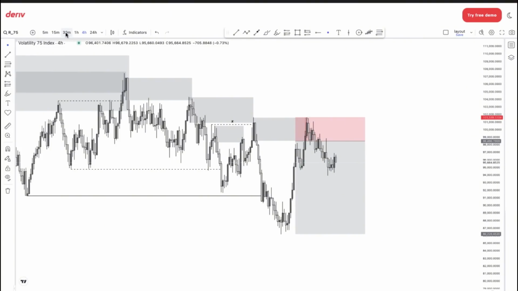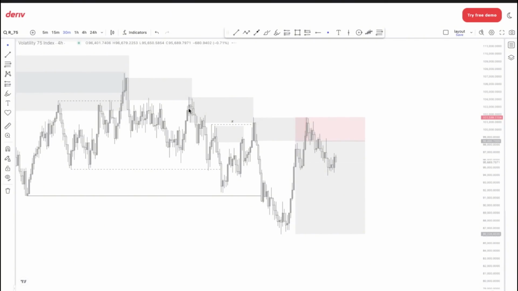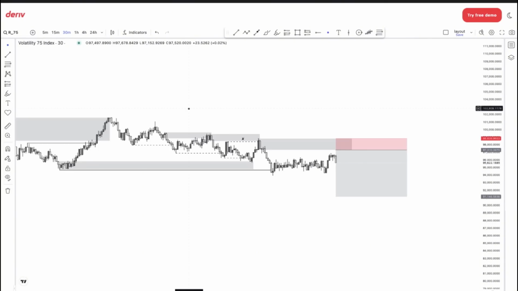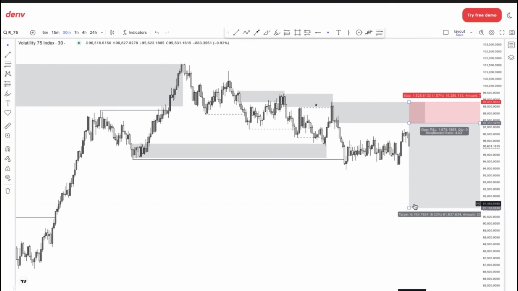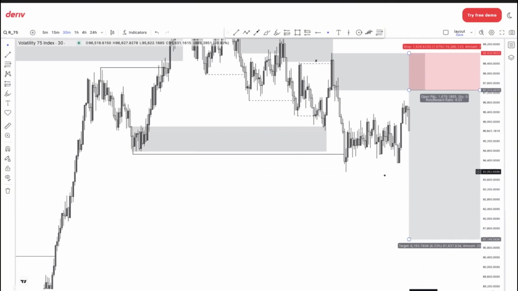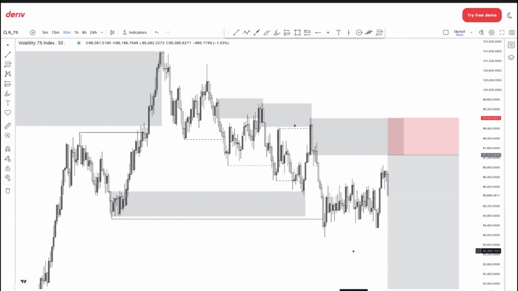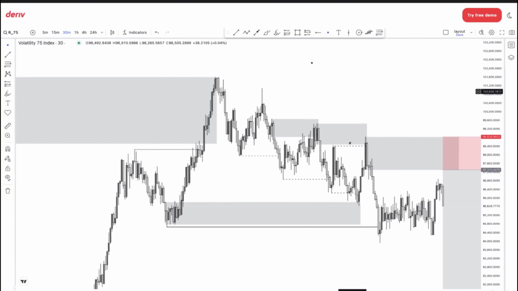So in this case, we can still scale down to the 30-minute time frame. And then we try and investigate what's happening within that particular order block. So from here, we can see that on the 30-minute time frame, price tapped into the 4-hour time frame order block.